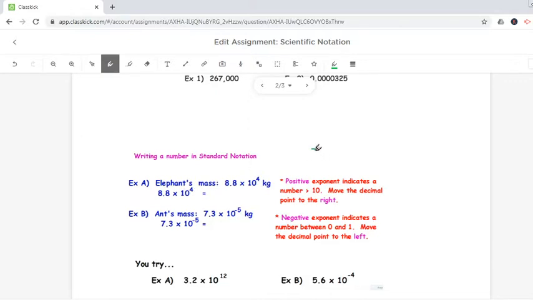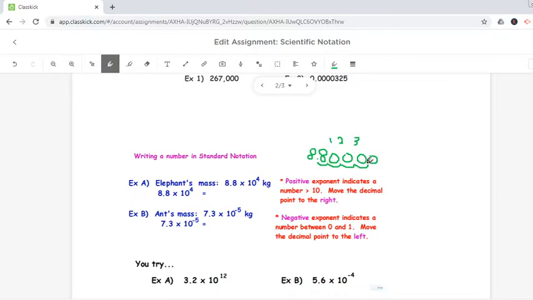So we have 8.8, and then we need to move it 4 places to the right. So we go 1, 2, 3, 4.